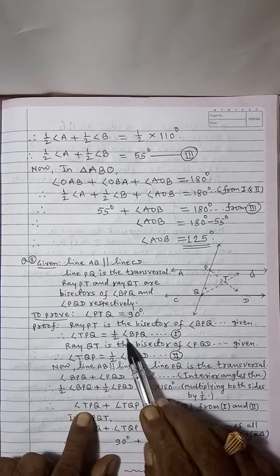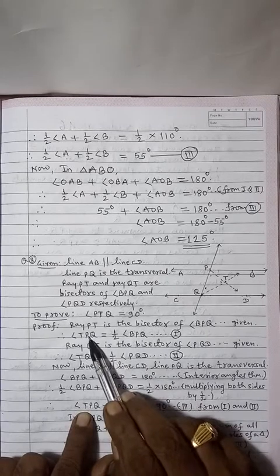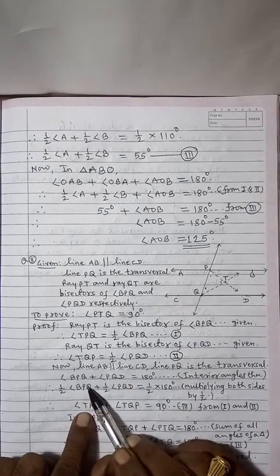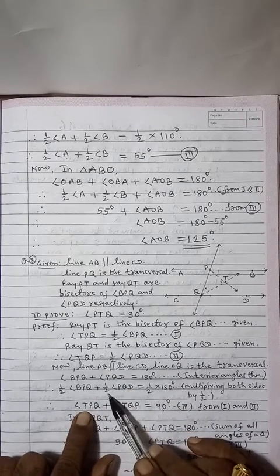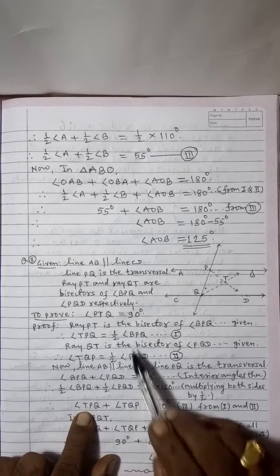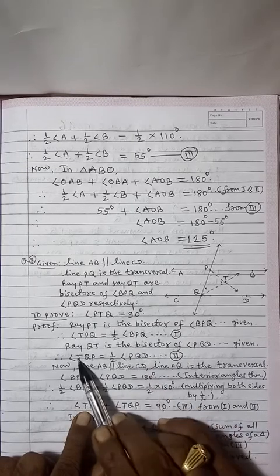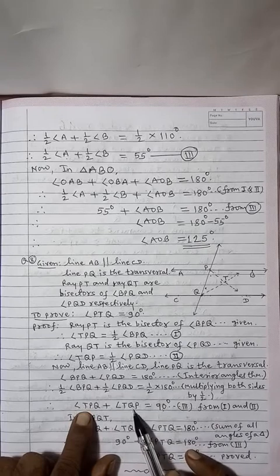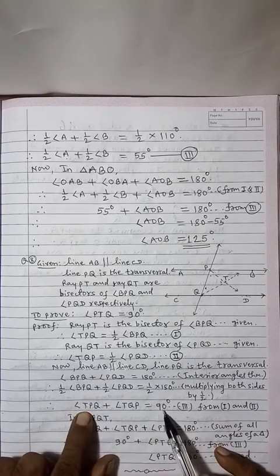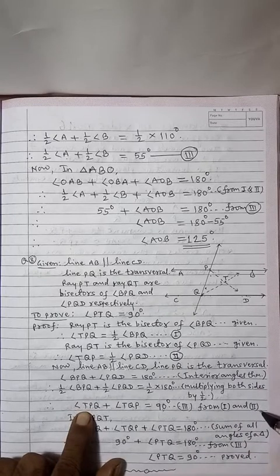Half into measure of angle PQD is angle TQP, and that gives us 90 degrees. This is result number 3, from 1 and 2.